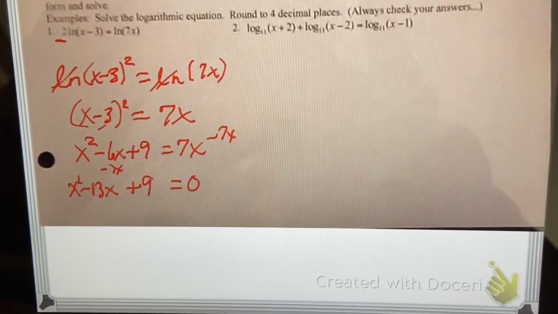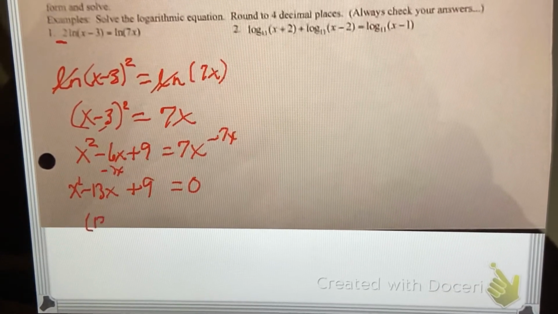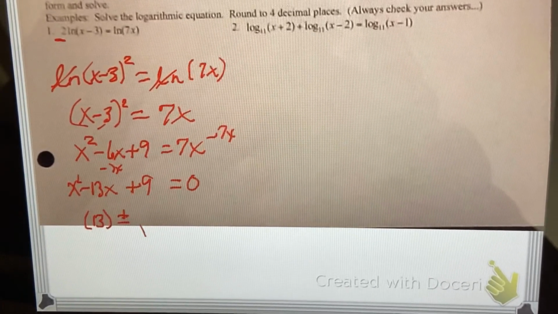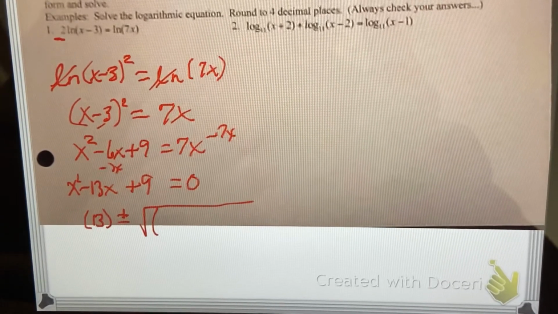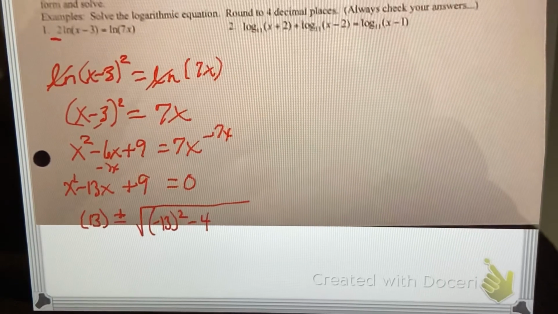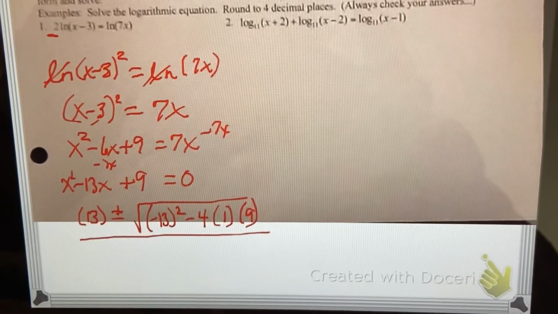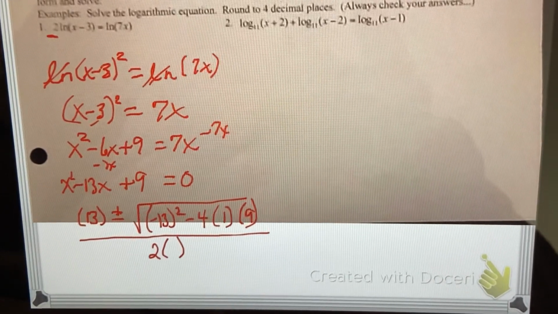So I'm going to take opposite b. So I'm looking at 13 plus or minus b squared minus 4ac all over 2a.